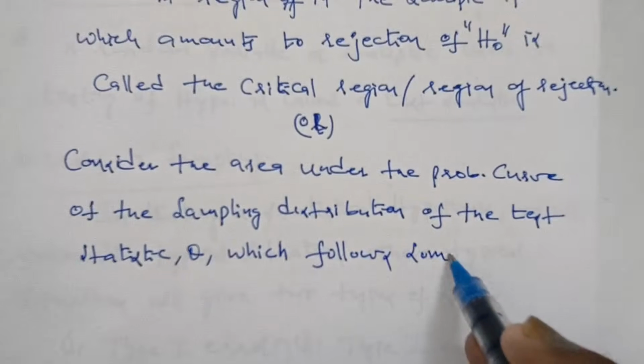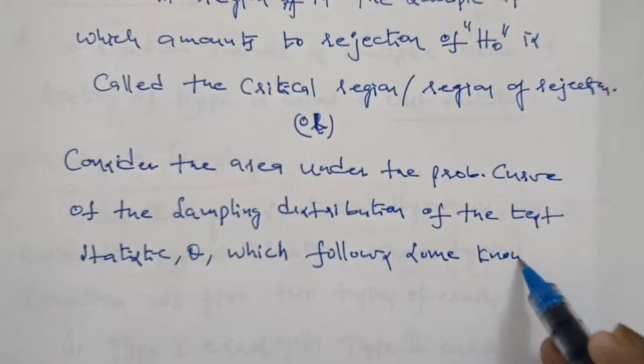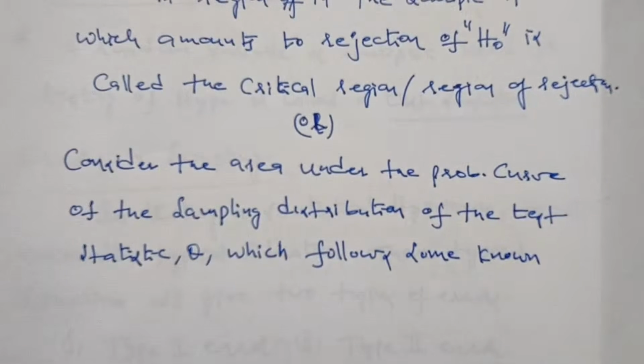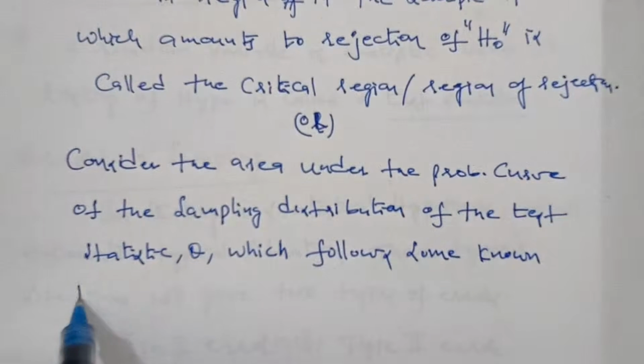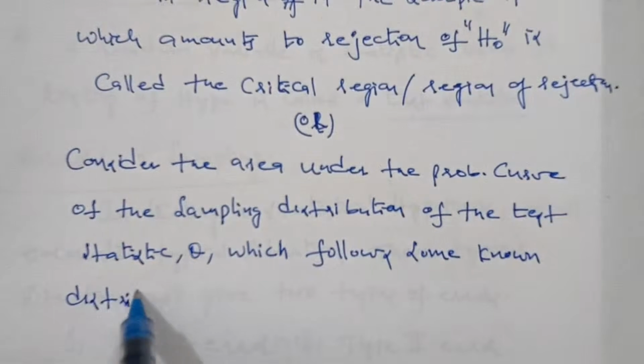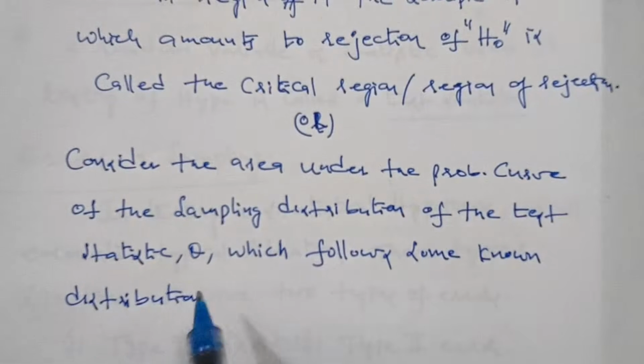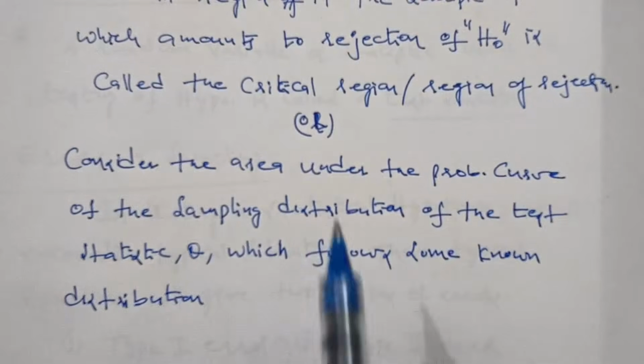Or consider the area under the probability curve of the sampling distribution of the test statistic, suppose that is theta, which follows some known distribution.